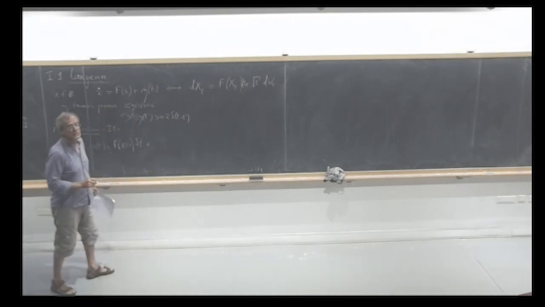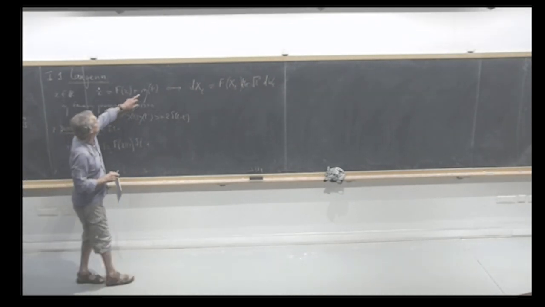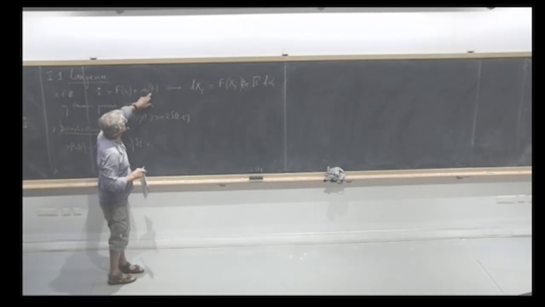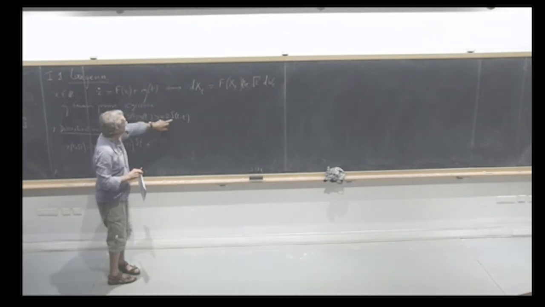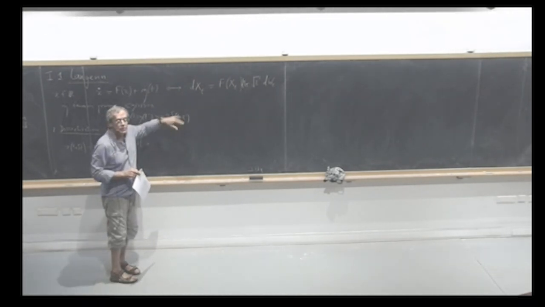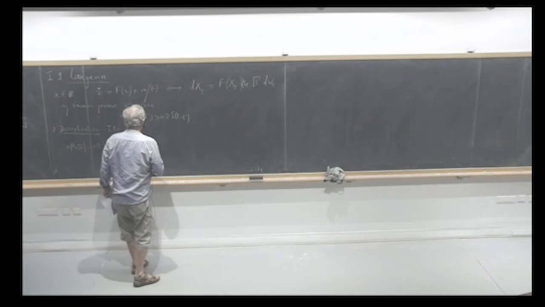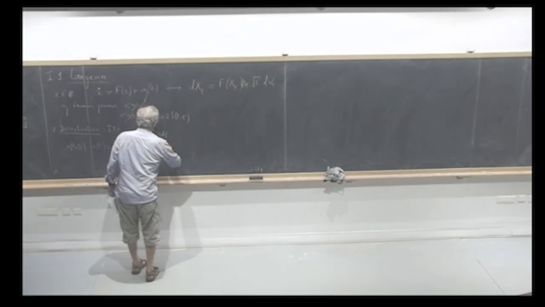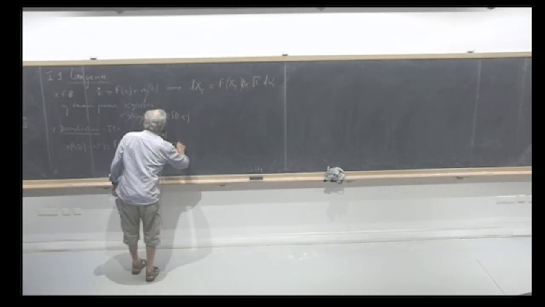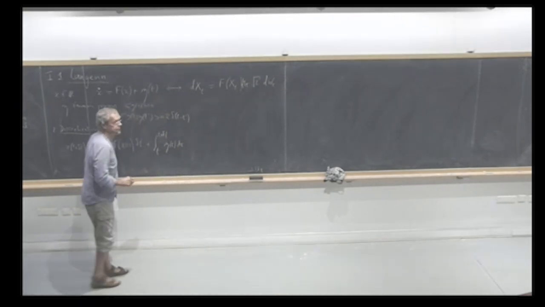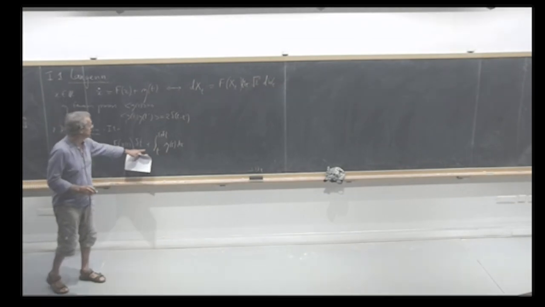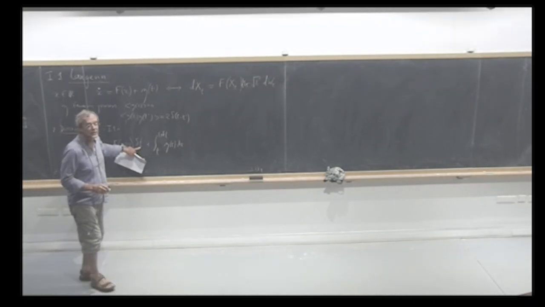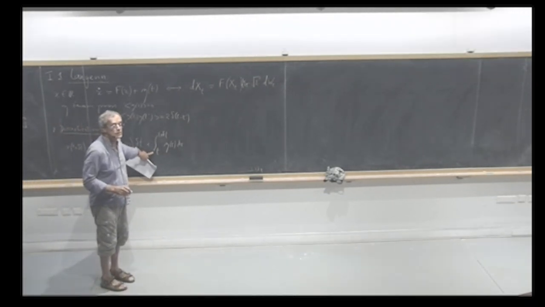plus a noise. What is this noise? Here I have to be a little bit careful because I have a Brownian noise. I have white noise which is delta correlated, so it oscillates infinitely. So I have to take into account the integral from t to t plus delta t of eta of tau d tau. Even if I take a small delta t for my simulation, this oscillates a lot.